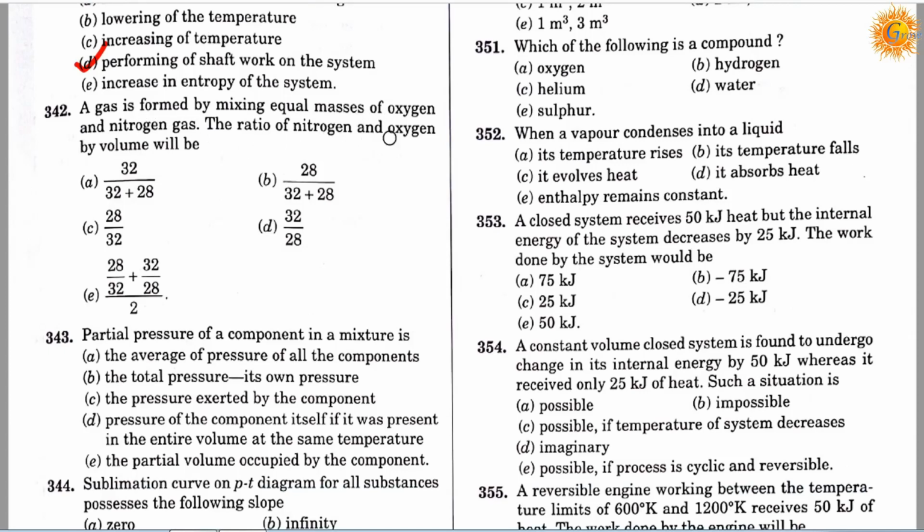The ratio of nitrogen and oxygen by volume will be option A, 32 divided by 32 plus 28, option B, 28 divided by 32 plus 28, option C, 28 divided by 32, option D, 32 divided by 28, and option E, 28 divided by 32 plus 32 divided by 28, all divided by 2. So the correct answer is D, it will be 32 divided by 28.